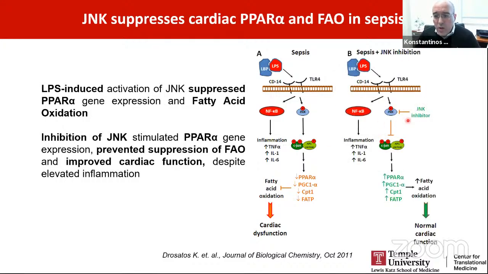And we noticed that when we inhibited JNK, which prevents activation of c-Jun, PPAR alpha expression was increased.